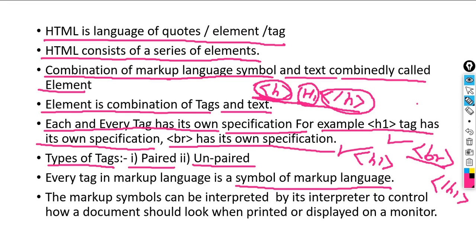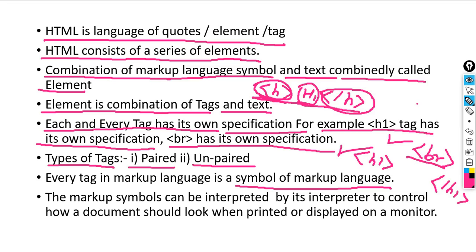Tags are of two types, paired tag and unpaired tag. Each tag has its own specification. A paired tag means there should be an opening and a closing. An unpaired tag means there is no requirement of closing. For example, br is an unpaired tag and the h1 tag is an example of a paired tag. Now, the markup symbols can be interpreted by their interpreter.